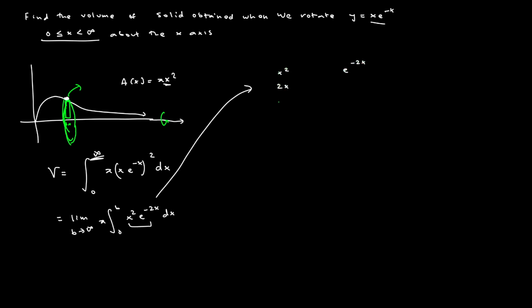If we continually integrate, we get negative 1/2 e to the minus 2x. And then over here we get 1/4 e to the minus 2x. And then finally we get minus 1/8 e to the minus 2x. This is positive. This is negative. This is positive.